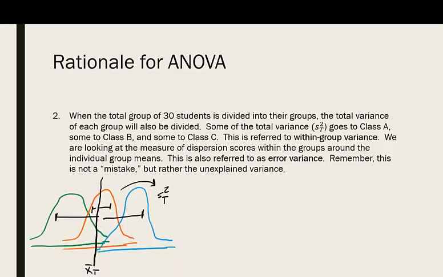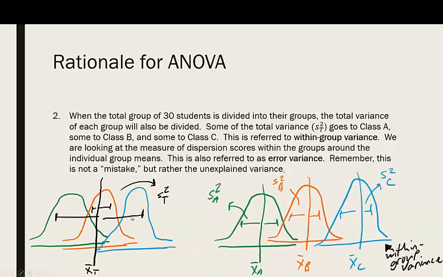And so here is an example of what that looks like visually. Okay? So you can see here is our grand mean, our total mean, and our total variance. You can see as we're going from side to side, when we divide up into groups, you can see that each group has its group mean.